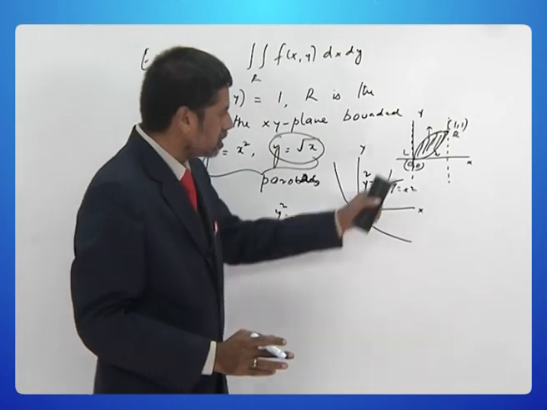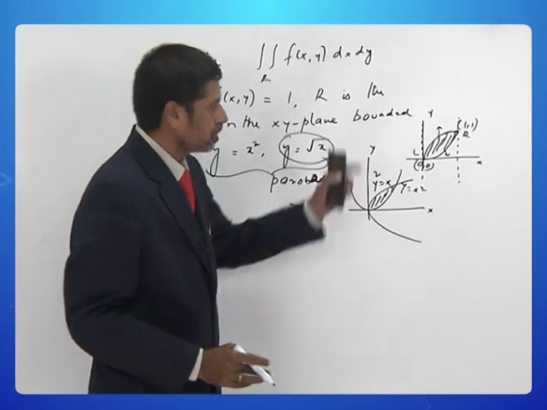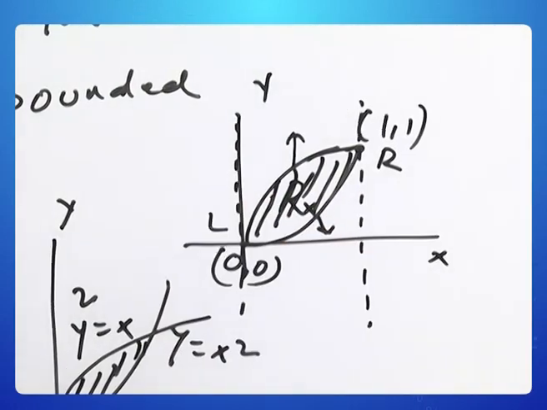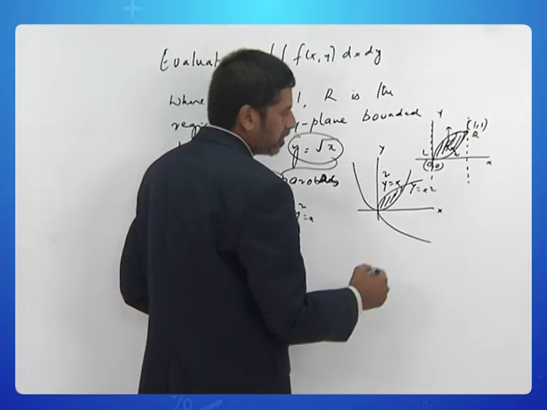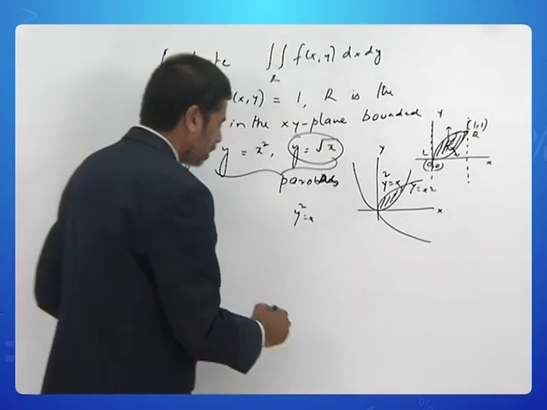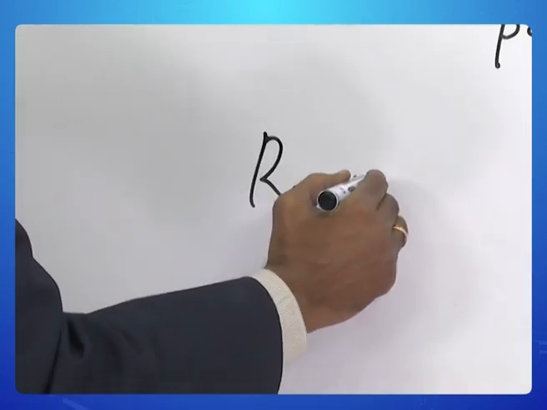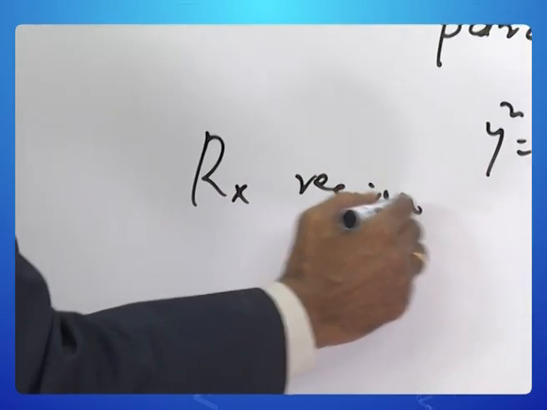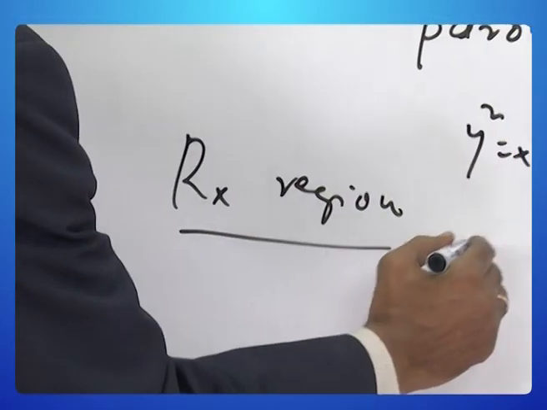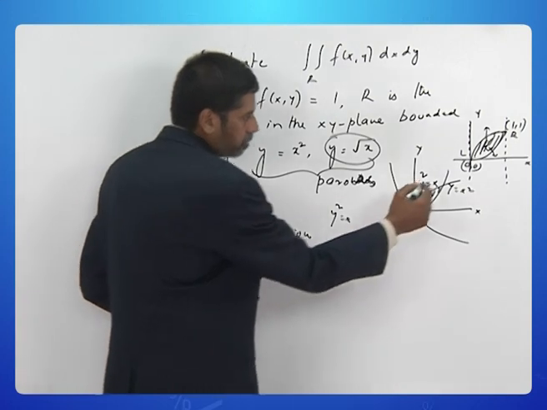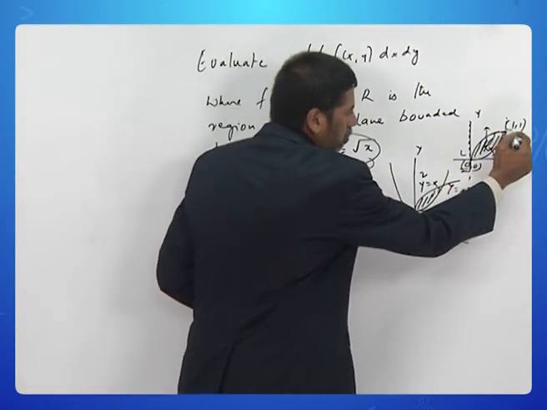Therefore, this region is an Rx region. So I will call this Rx. So what are the limits of integration now? Rx region. First x limits, then y limits. x limits are from 0 to 1.